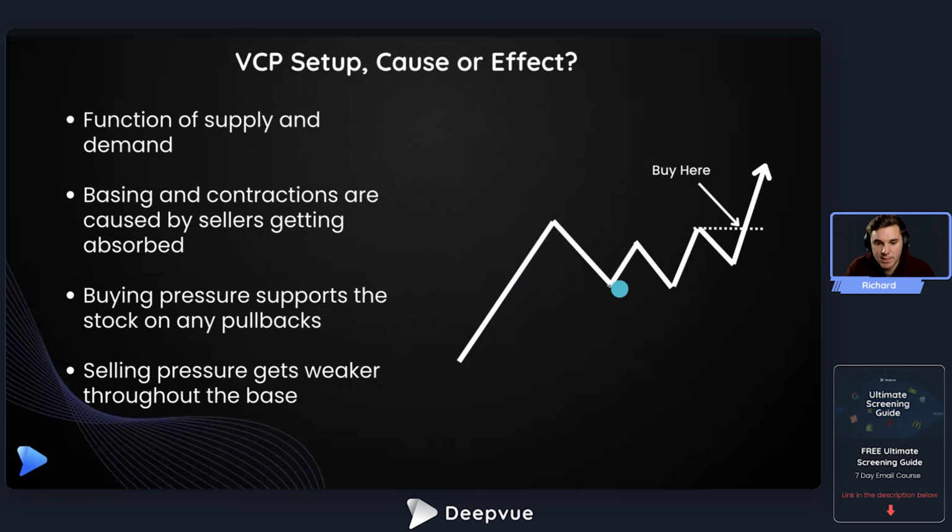They're absorbing the sellers during the base. We see less and less sellers in here. We see the funds kind of propping up the stock, accumulating slowly during this base and continuing to accumulate once it breaks out and continues to trend. So this overall base pattern is not created by traders managing even $1 million accounts.